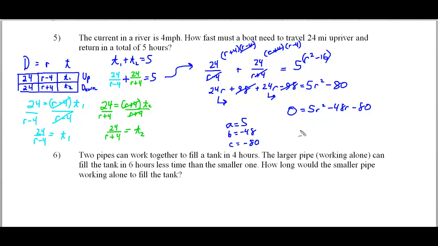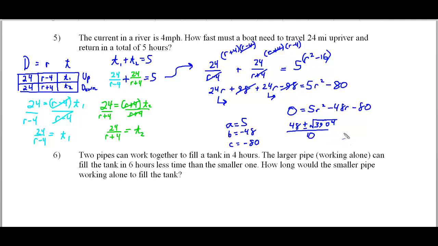Alright, so that gives me a quadratic formula that looks like this: 48 plus or minus the square root of b squared minus 4ac, which works out to 3,904, divided by my 5 times 2 times 5, which is 10.